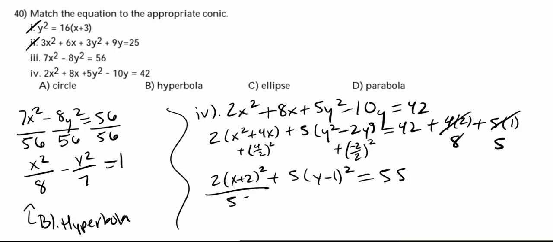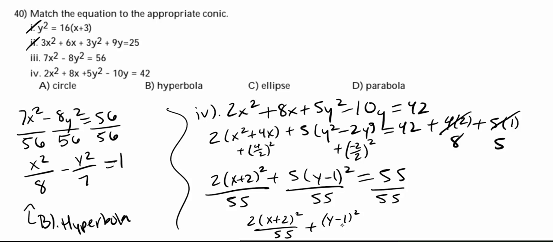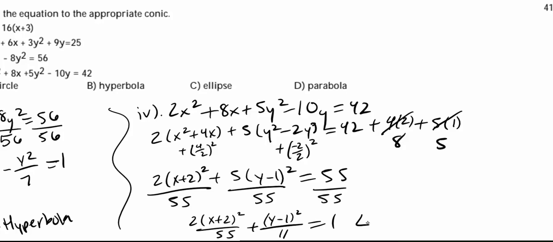So if we divide this by 55, this by 55, this by 55, we get 2 times x plus 2 squared over 55 plus y minus 1 squared over 11 equals 1. And this equation will work for our ellipse.